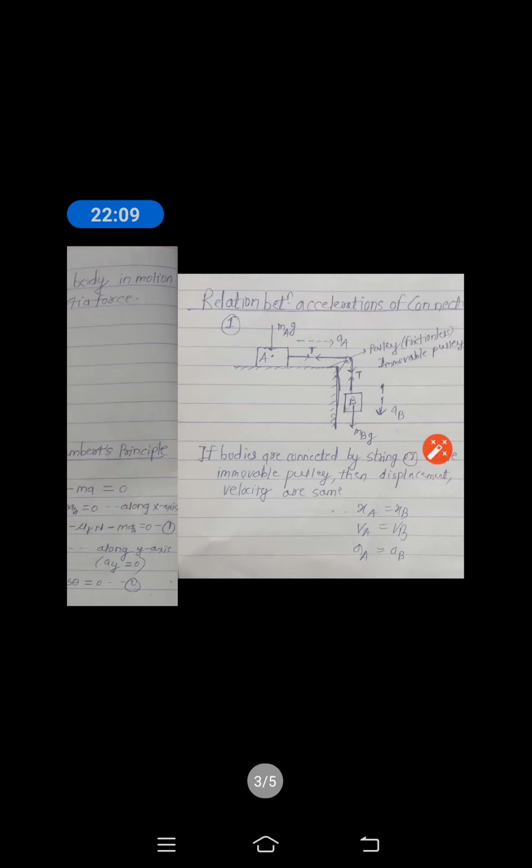Okay, now move to the next slide. See this slide. What this slide describes here is a relation between acceleration of connected bodies. Okay, so see here, what is the description of this figure?